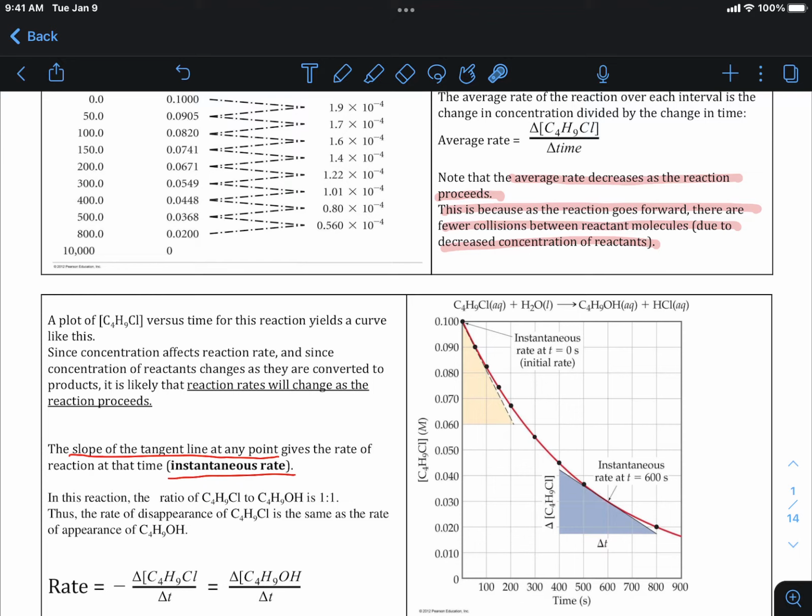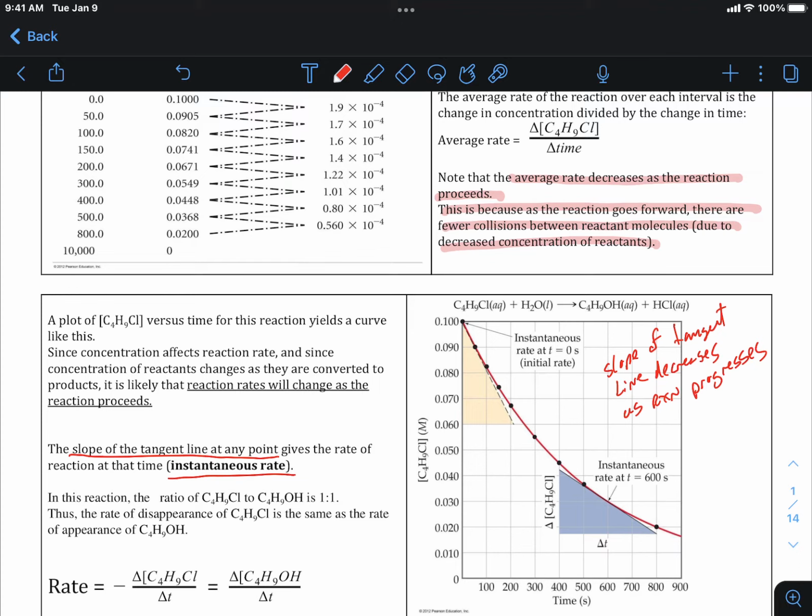So, the slope of the tangent line decreases as the reaction progresses. Again, because you have less and less reactant remaining. You guys okay with that so far?